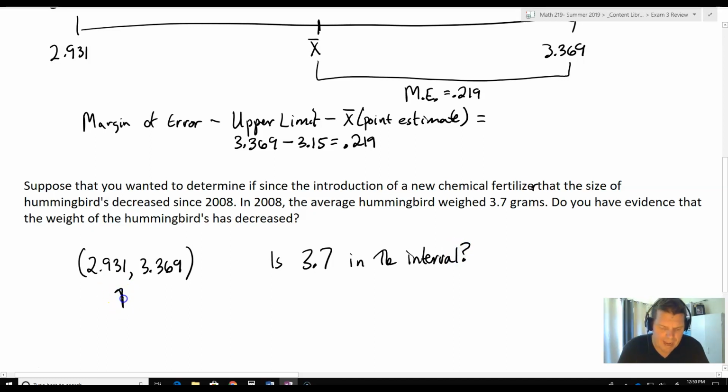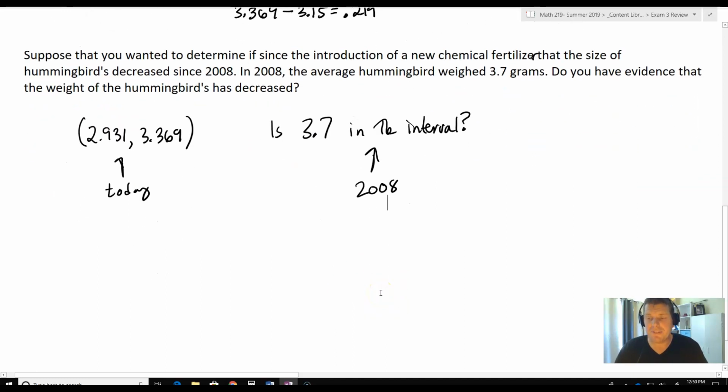This information is from today. This is from 2008. So what we've got is that my evidence from today doesn't include 3.7. And remember, this is 99% confidence. So 99% of the intervals that I'm going to construct this way are actually going to contain the true mean hummingbird weight.